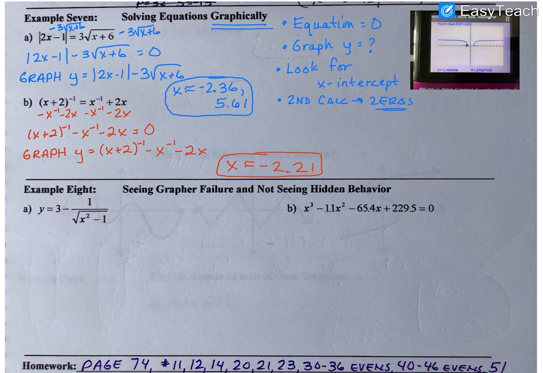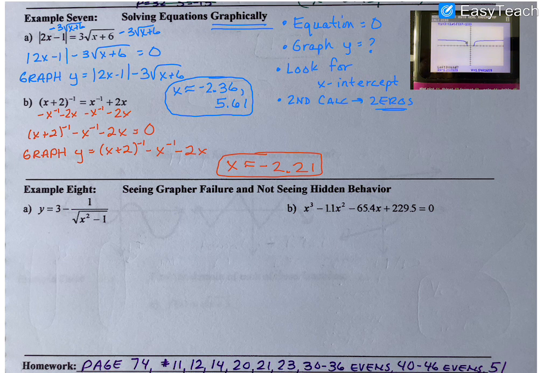Now, the question is, does it have a 0? My calculator cooperated with this earlier, so we'll try and use the calculator. If the calculator doesn't cooperate, you'd have to solve it by hand and set your equation equal to 0. But if we try zeros, so if I do second calc, go to number 2, zero, there's my left bound.